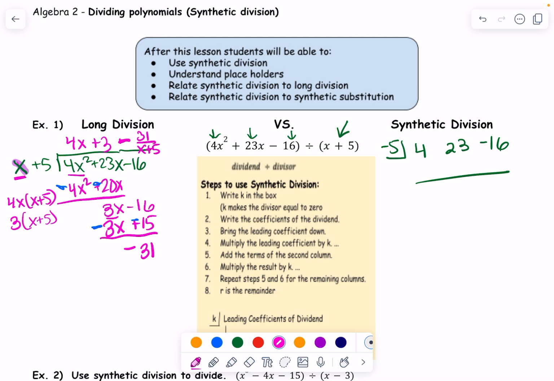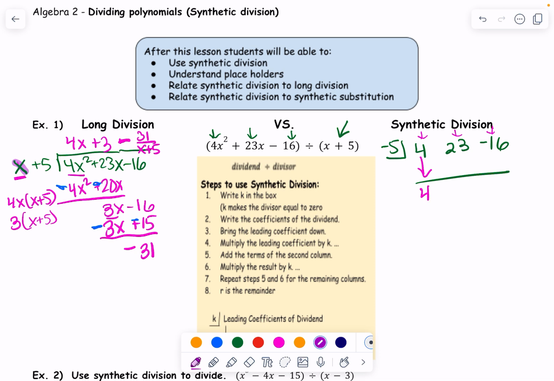Okay, so how does this relate to synthetic? Well, here's what we do with synthetic. So it says write k in the box. So k makes the divisor 0. So that's what I did right here, I wrote k in the box. And then I wrote the coefficients going all the way across like we were just talking about. And so the next thing that we are going to do is bring this guy down.